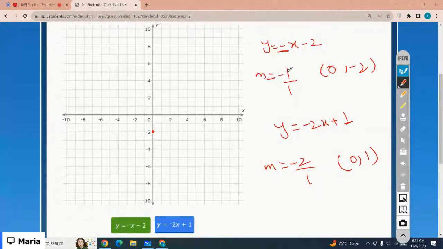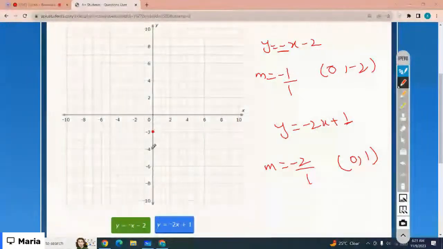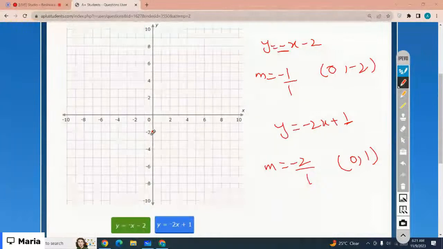Okay, negative 1 over 1 means you have to move down 1 point and right 1 point. That is the 2 points for equation number one. Now just join them and make a line.